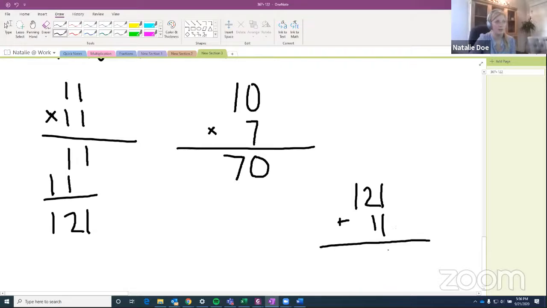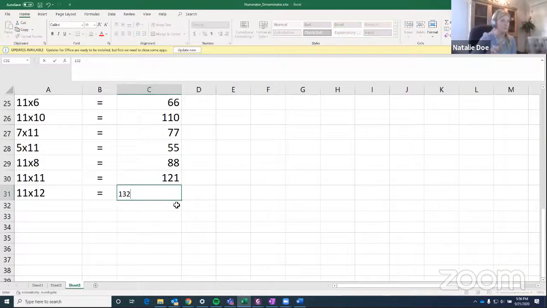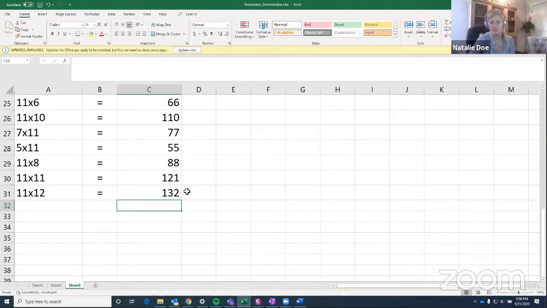So let's see, then that would get us 132, right? We add the 1 and the 1, add the 2 and the 1. So while you're learning, you can use addition to actually help you with some of these bigger numbers.